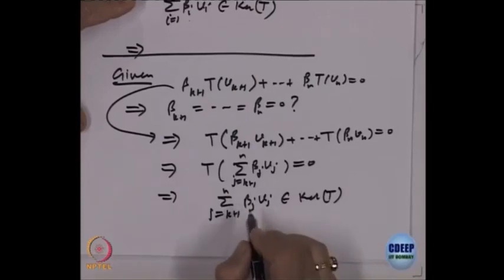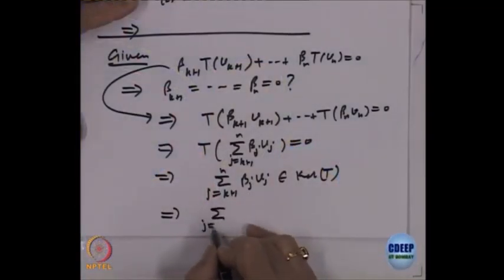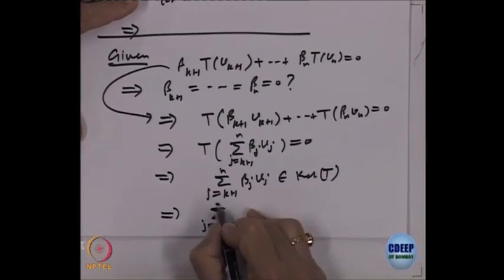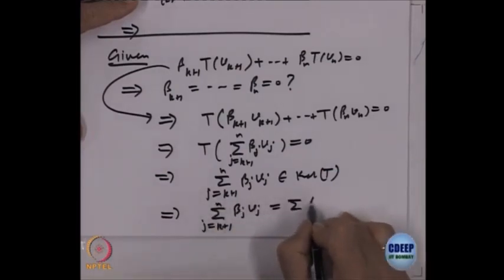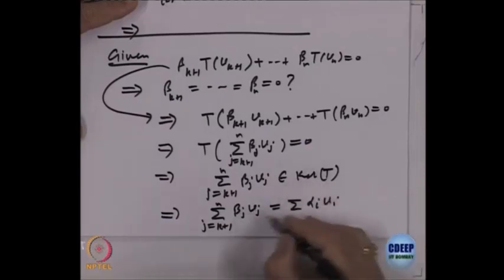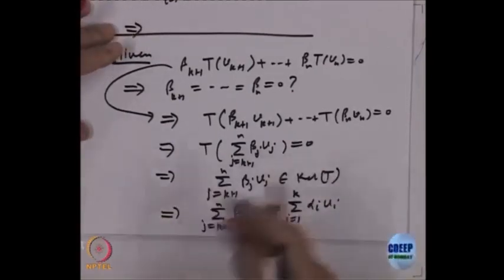But I know that kernel has got a basis already, v_1, v_2, ..., v_k. So, this element must be a linear combination of v_1, v_2, ..., v_k. So, implies sigma beta_j v_j, j equal to k plus 1 to n, must be equal to sigma alpha_i v_i, i equal to 1 to k, right. Now, bring everything on one side.